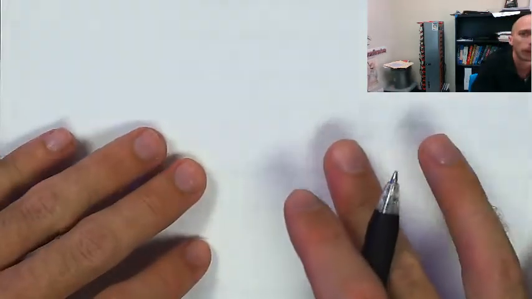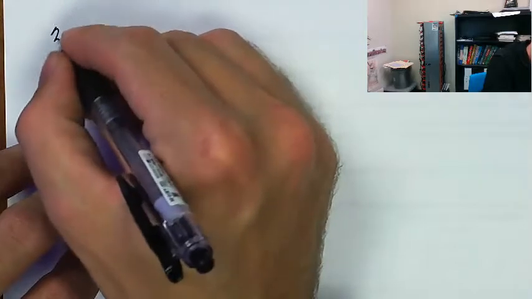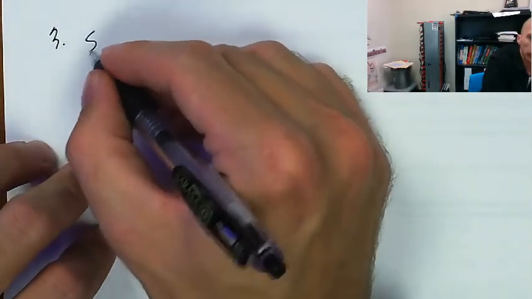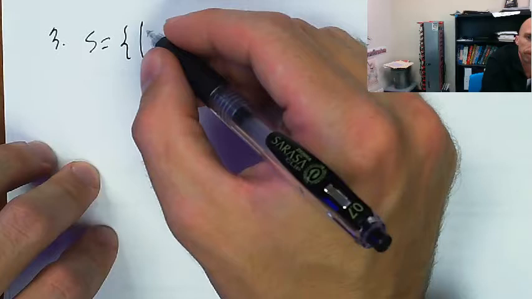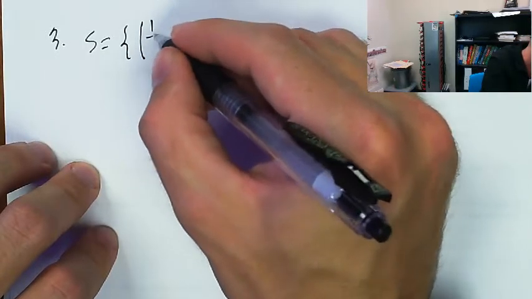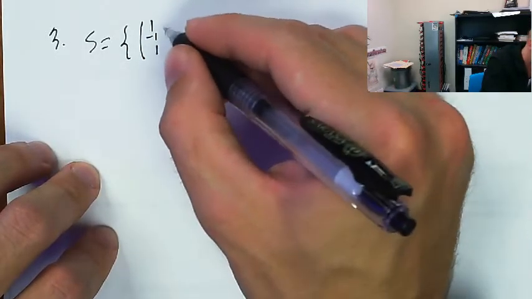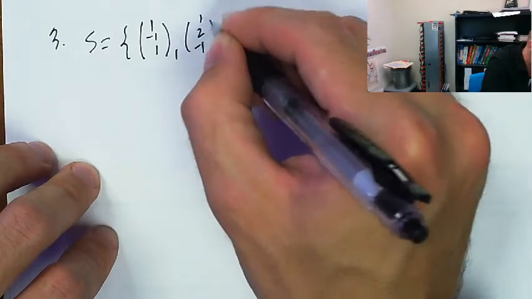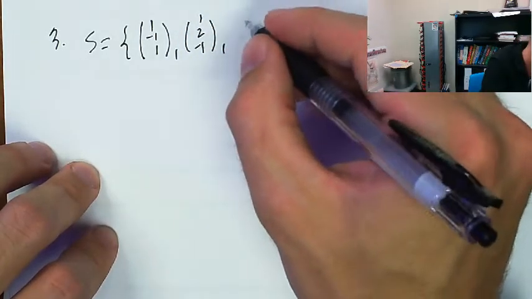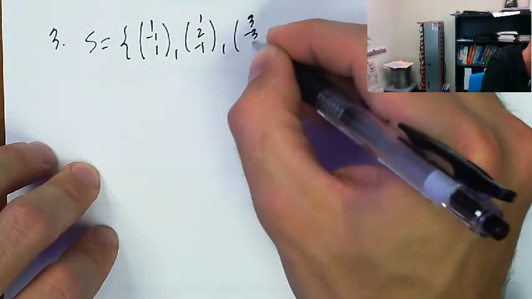Okay. Well, we'll find out. I'm not sure. I was trying to see if I could look at that and see combinations of V1, V2, and V3 that added up to 0, but I'm just not immediately seeing it. So what I'll do is I'll just write the vectors: (1, -1, 1), (1, 2, -1), and (3, -3, -1).